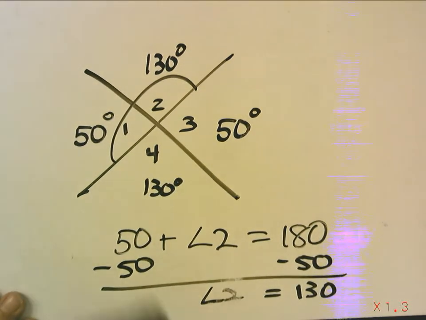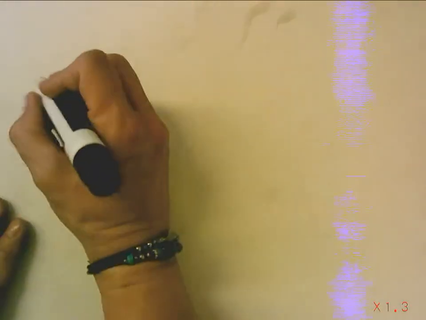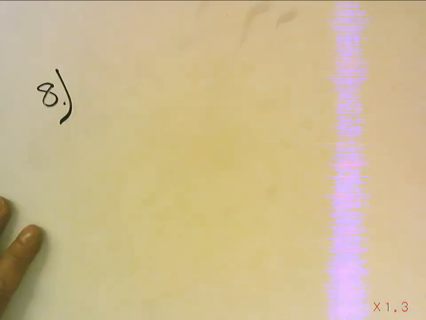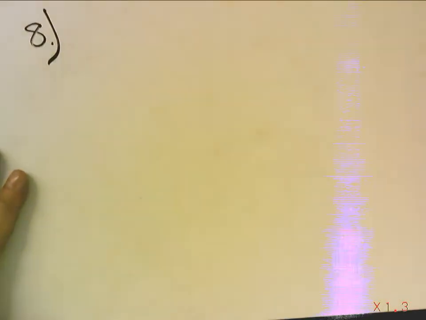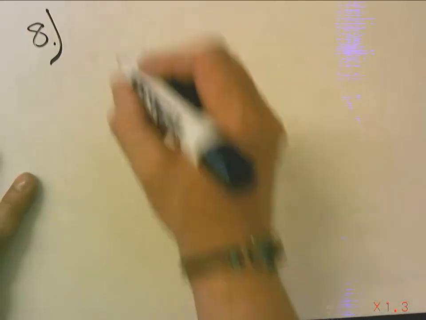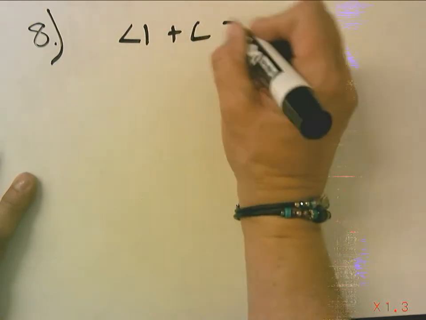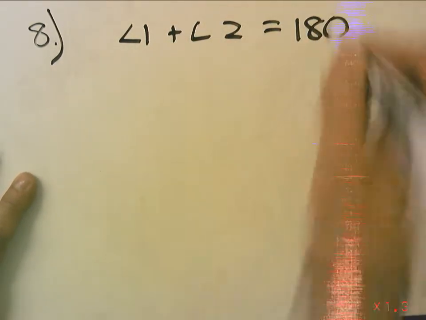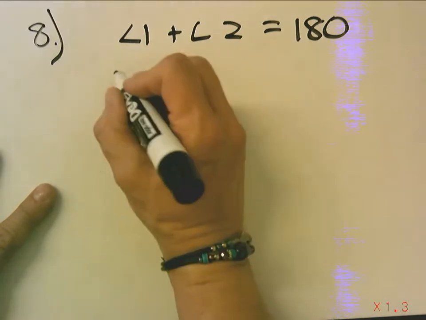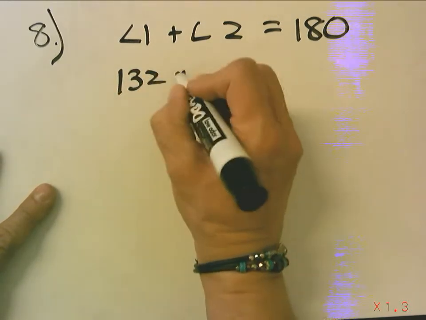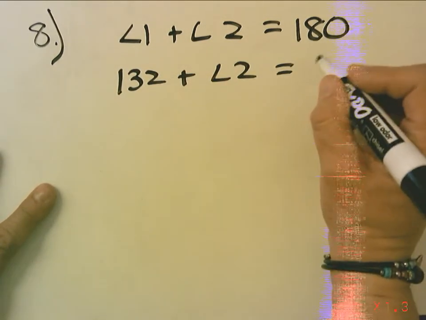Okay, so now I want everyone to try checkpoint 8, 9, and 10 on page 59 on your own. Stop the video, and when you're done, start it again and see if you are correct. So, number 8. Number 8 says angle 1 plus angle 2 are supplementary. That means angle 1 plus angle 2 equals 180. Angle 1 is 132. Find the measure of angle 2.